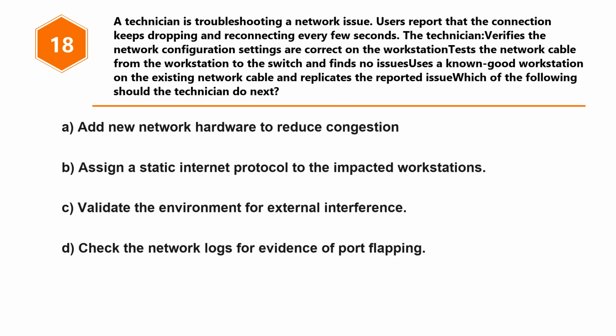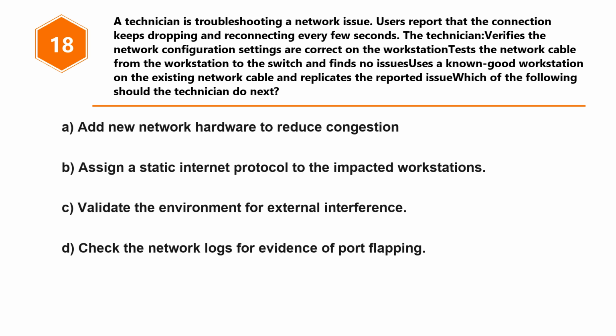Question 18. A technician is troubleshooting a network issue. Users report that the connection keeps dropping and reconnecting every few seconds. The technician verifies the network configuration settings are correct on the workstation, tests the network cable from the workstation to the switch and finds no issues, uses a known good workstation on the existing network cable and replicates the reported issue. Which of the following should the technician do next?